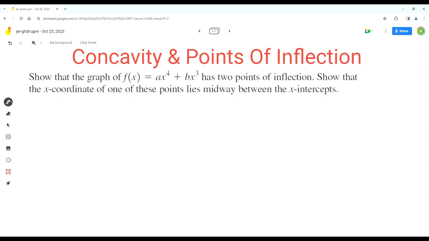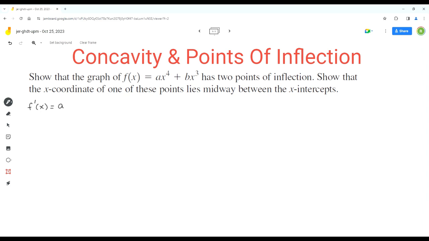So we get f prime of x equals, so for the first derivative, in the first term, the a is the coefficient of the term, so it will stay as it is. And for x exponent 4, we can use the power rule to find the derivative.